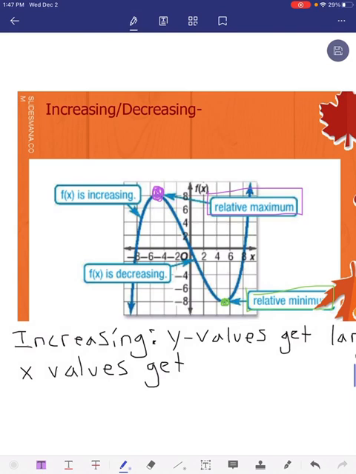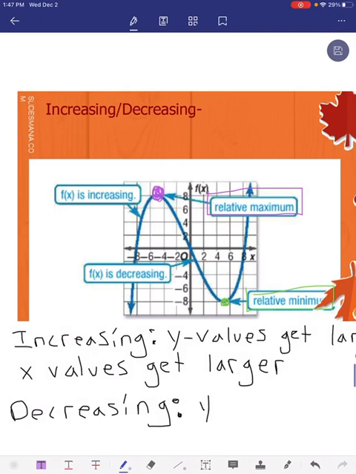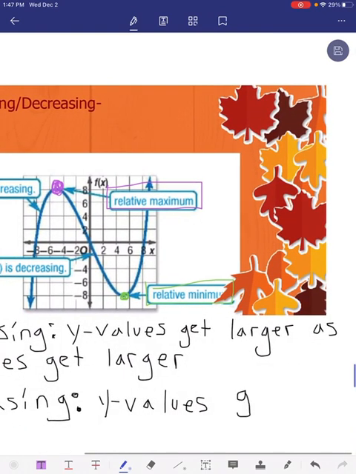If I'm talking about x values getting larger, I'm talking about going towards the right. I can't just say it goes up, because up is kind of relative, I need to give it some sense of direction. So I'm going to say as my x values get larger, that way I know I'm talking about going to the right. Likewise, I know that something is decreasing if my y values get smaller.